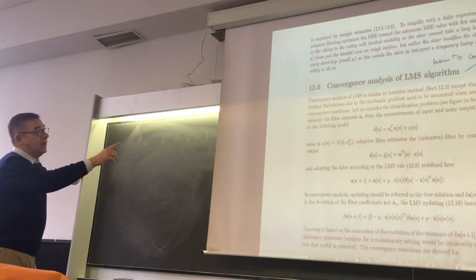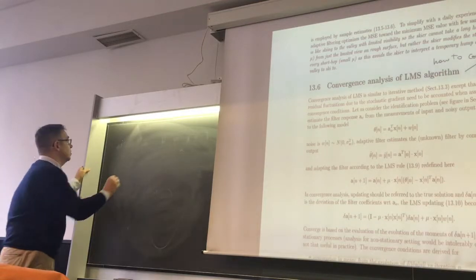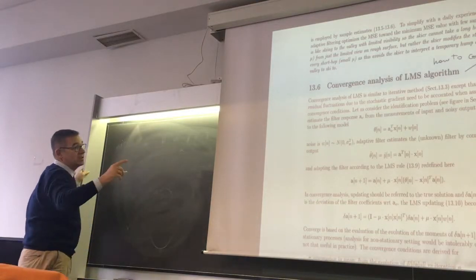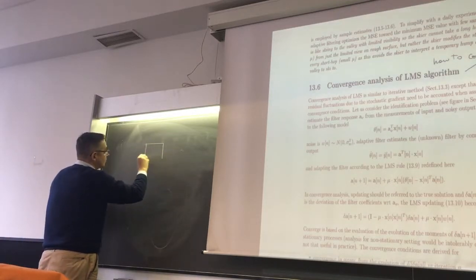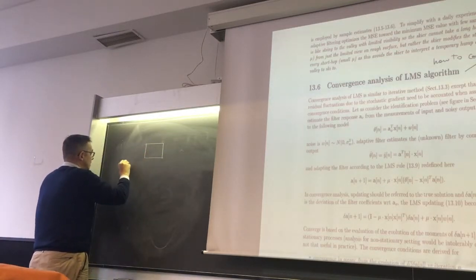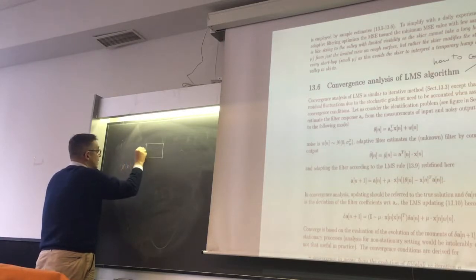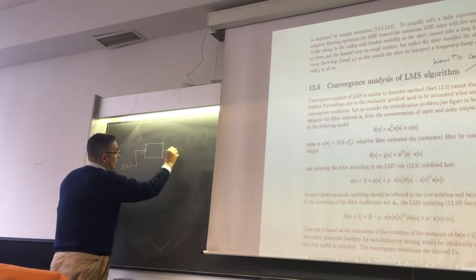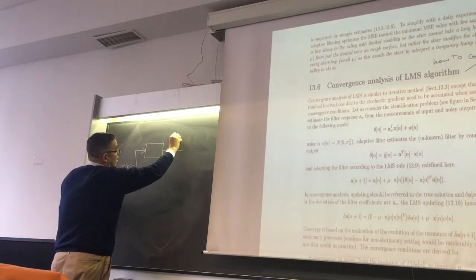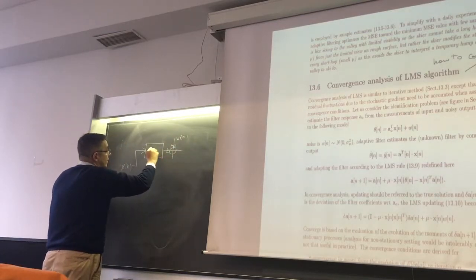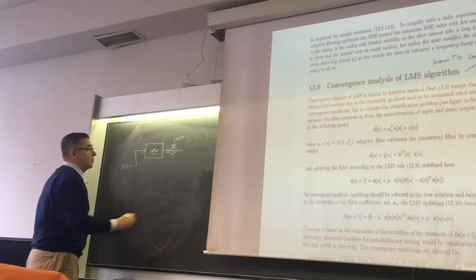So anyway, what is the convergence analysis? The problem is as we described before. We have a filter. We have xn. Xn is entering here, and the output is affected by the noise. And I have a filter with a coefficient A0. Let's keep this notation, A0.